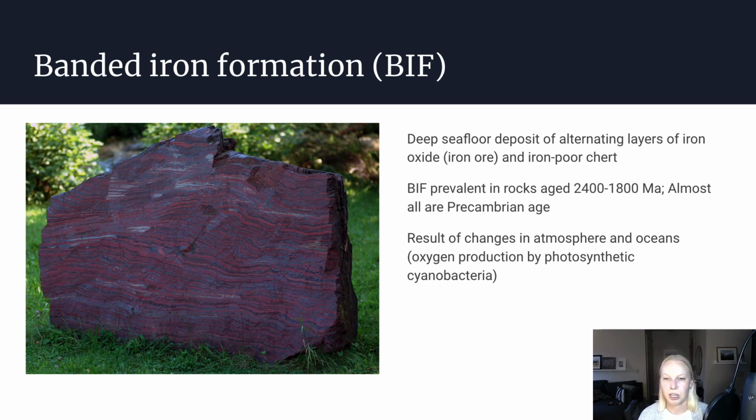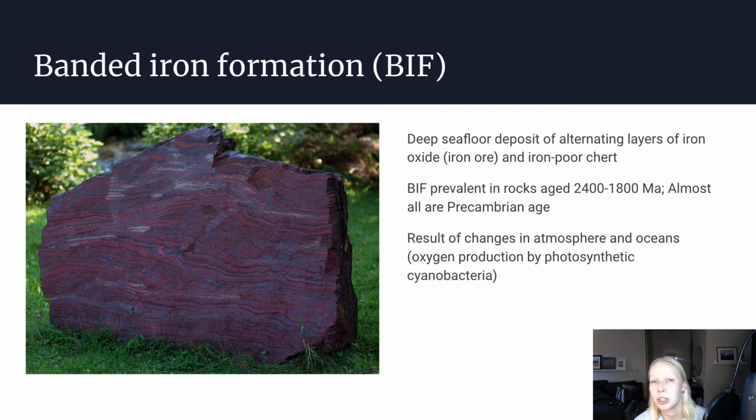So BIF in particular is sort of these alternating layers of iron oxide and chert. BIF is extremely prevalent in rocks that are pretty old, so almost all of the BIFs on Earth are Precambrian in age. So they're about 2.4 billion to 1.8 billion years old. They're very old in terms of the rocks that we have on Earth.